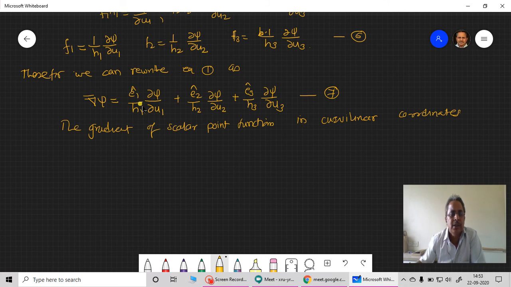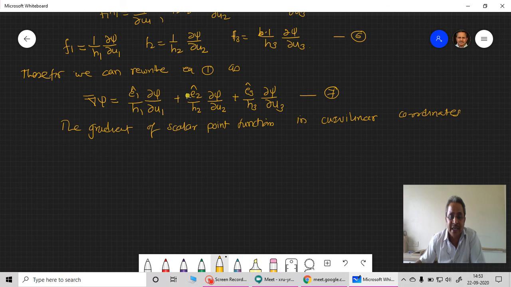Now look at this. Here E1 is the unit vector in the direction of the first component, h1 is the scale factor there, and this is the partial differentiation of the scalar point function with respect to the first variable. This is a scalar, but because of E1 cap, I get the direction.